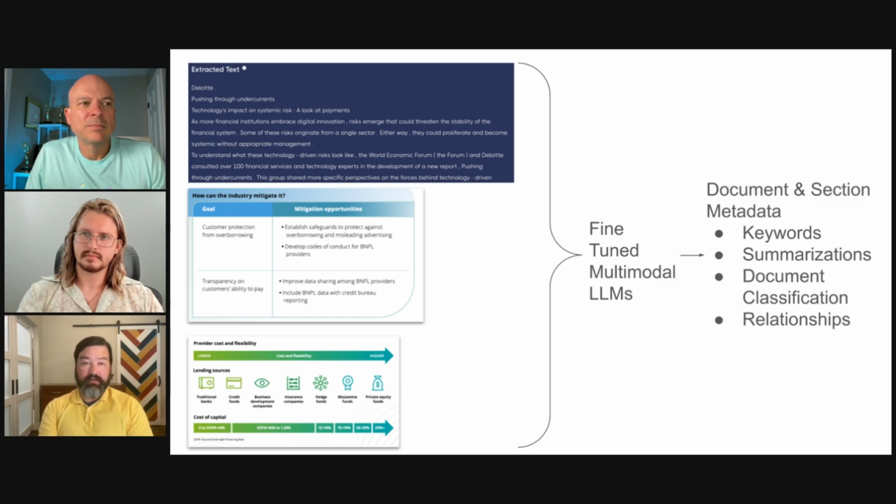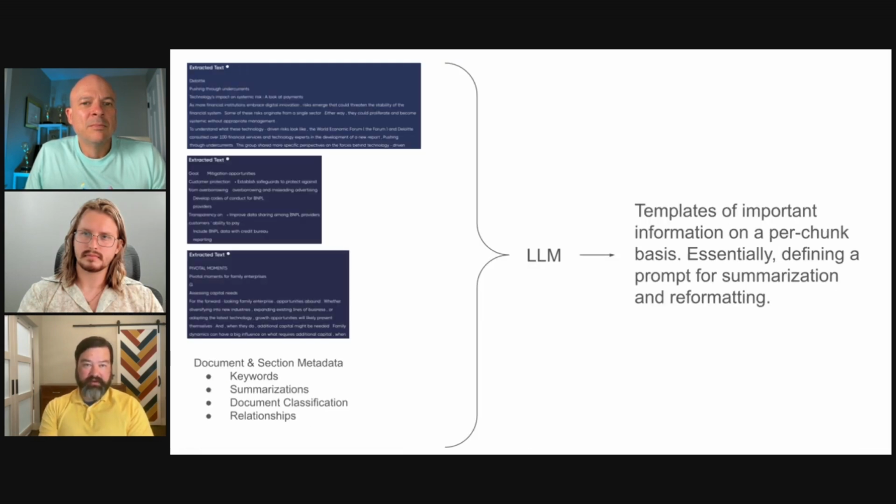Then we create for the whole document a set of metadata, search keywords, summaries, important entities and relationships within the document. Then we do the same thing for sections: important entities within the sections, a section summary. Then we go through all the chunks and we do the same thing for the chunks.